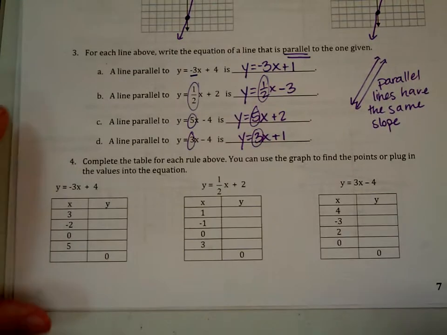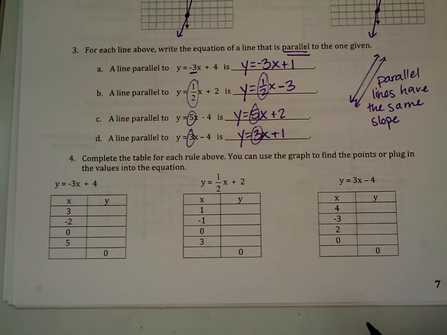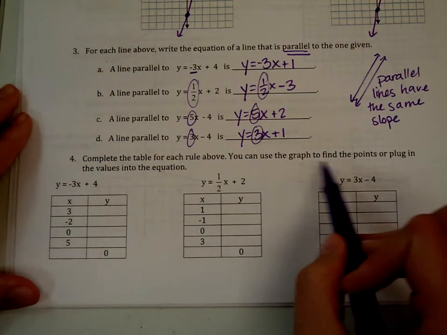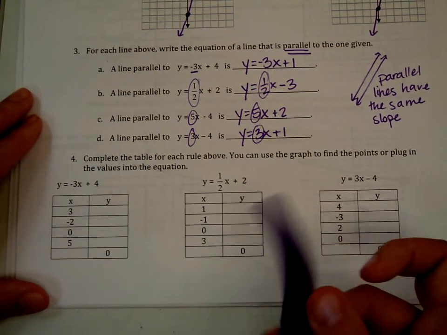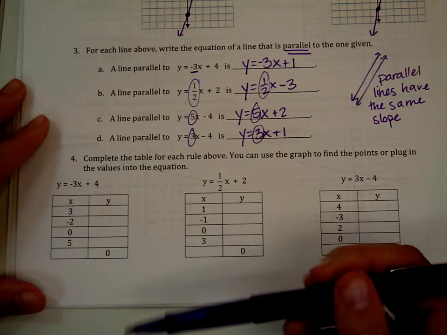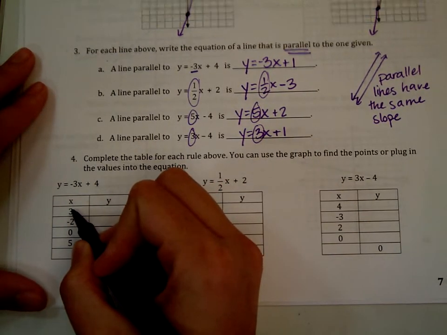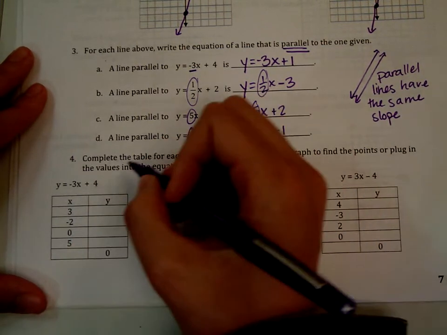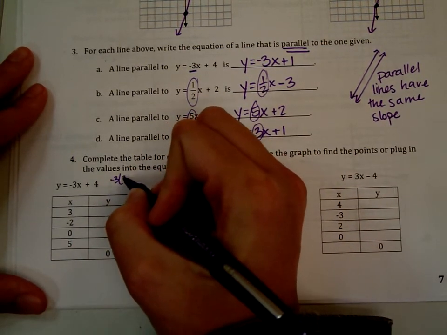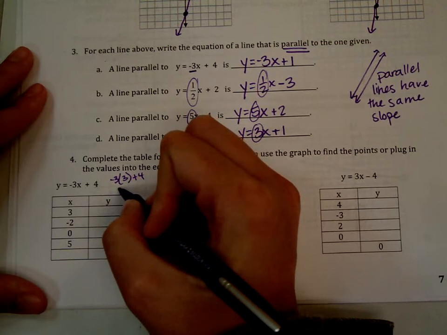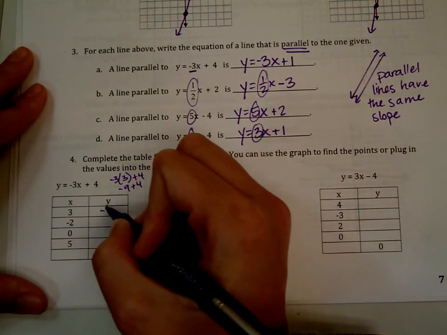Complete the table for each rule above. You can use the graph to find the points, or you can plug the values into the equation. I'm going to plug the values into the equation. So if x equals 3, then we plug it in here. So we get negative 3 times 3 plus 4. That's negative 9 plus 4 is negative 5.